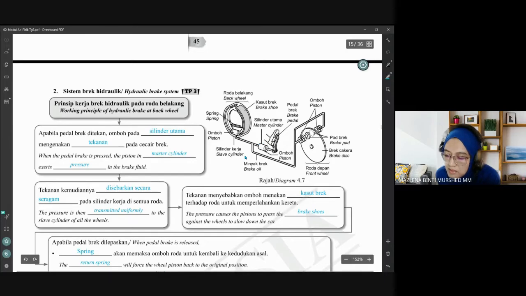So yang mana small size? Master ke slave? Yang kat kaki tu, dengan yang dekat brake. Mana satu saiz besar?